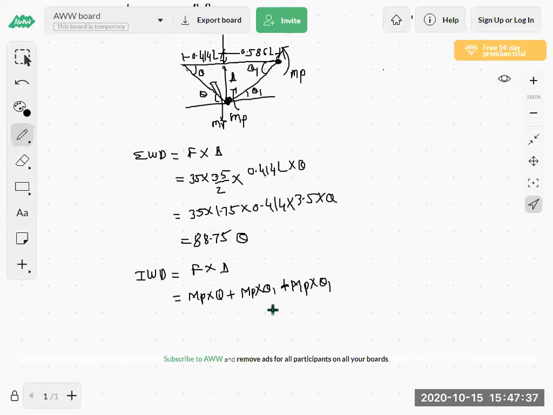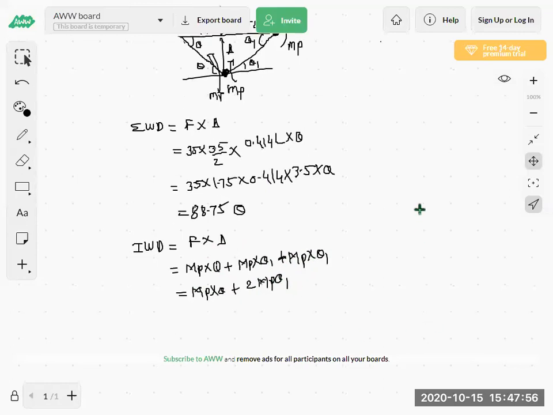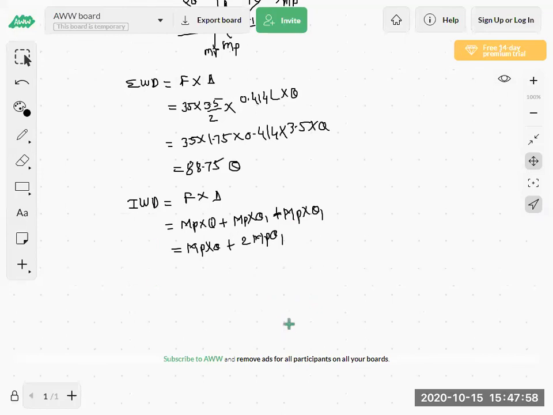So these 3 MPs are there, with theta 1 and theta 1 as the rotations. It means MP theta plus 2 MP theta 1. So this is the internal work done.